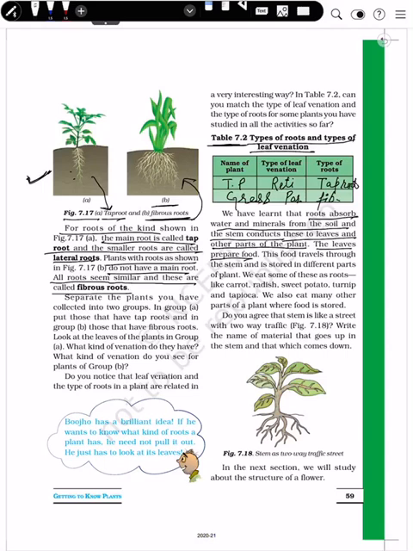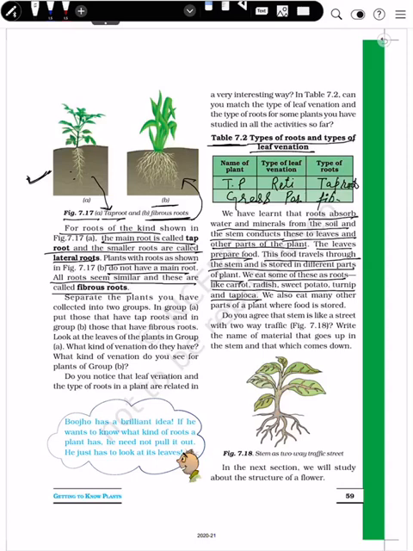The food prepared by the leaves is transferred through the stem and is stored in different parts of the plant. This food is stored in parts such as roots, like in carrot, radish, sweet potato, turnip and tapioca, which we eat.